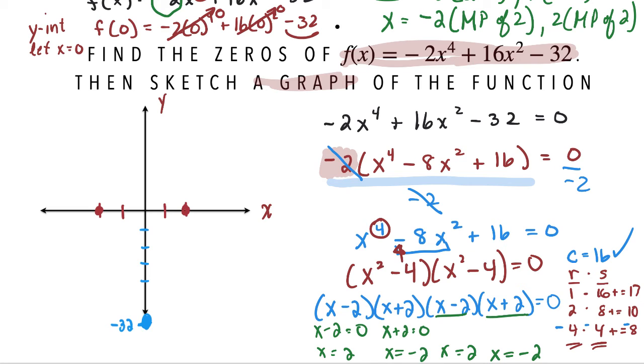So the only way this graph could actually fit in here now, because the left-hand side has to go down, it's going to touch it right there. So the left-hand side has to go down. It has to turn around here. It hits the y-intercept. It must come up like this, touch it, and turn back around. So it kind of looks like an M when we get done.